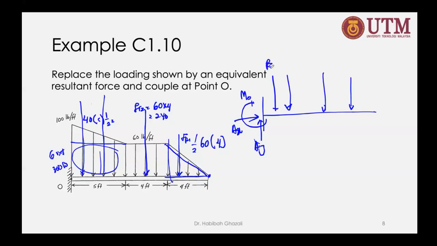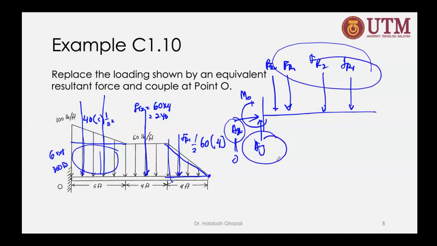So you have here FR4, FR3, FR2, FR1. Okay, so you can see that now I have all forces acting downwards. So this Ax is going to be equal to 0. But if you sum forces in the Y direction, the sum of all these is going to be equal to this, but in the opposite direction.